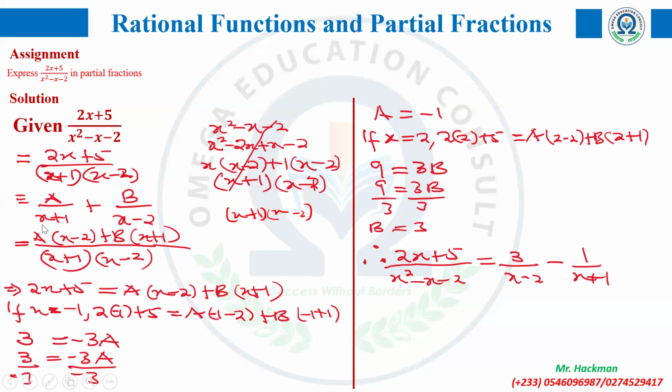You ask yourself: x plus 1 will go into the denominator how many times? It will be x minus 2 times, then times your A. You write it here. Then plus: x minus 2 will go into the denominator how many times? It will be x plus 1 times, then times your B.